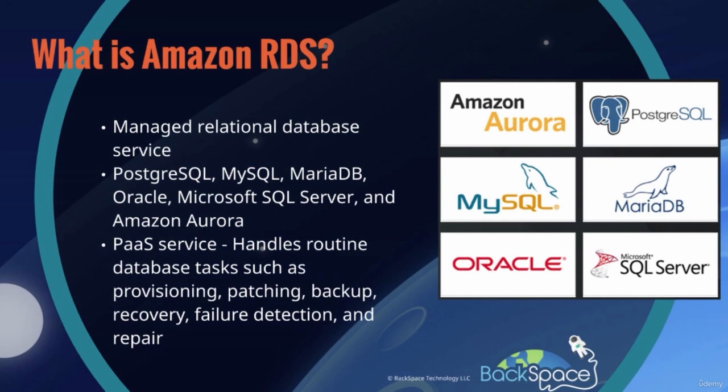It's a platform as a service, so although you're launching instances like you would do with EC2, unlike EC2 where you're going to have to install that database software yourself and look after the updating and patching and all of that sort of stuff, RDS will look after all that for you. All you need to do is launch that instance, and you don't have to worry about the management of the actual underlying operating system or the actual database software itself.